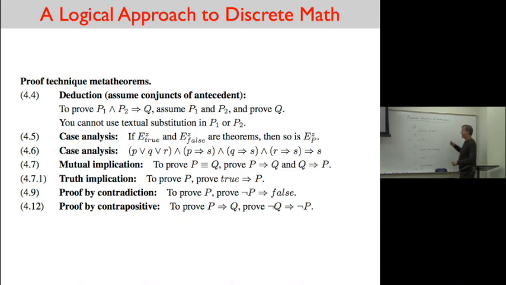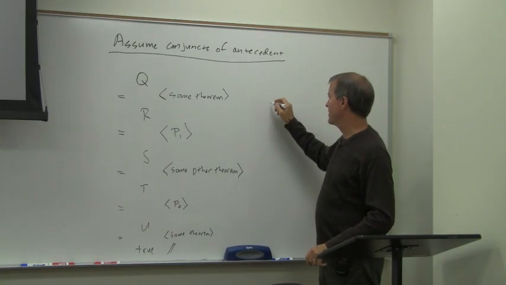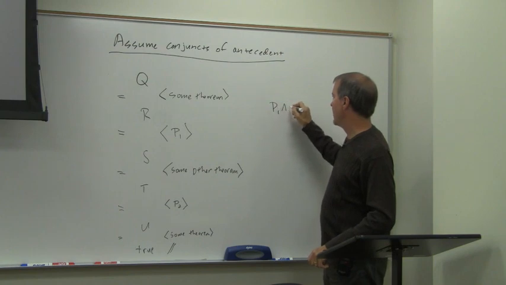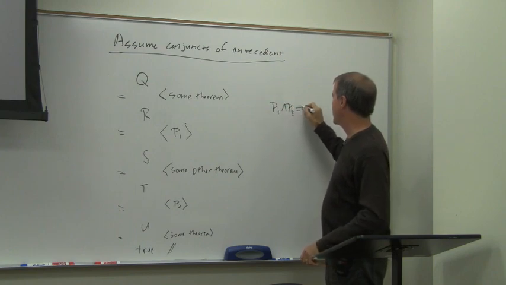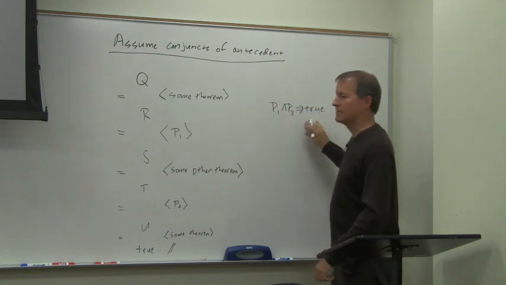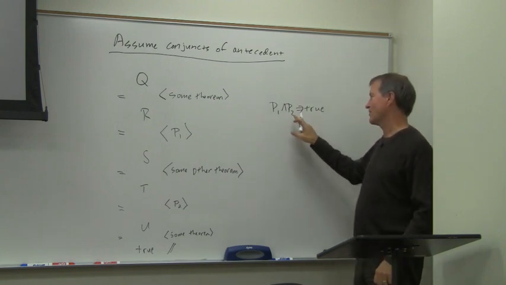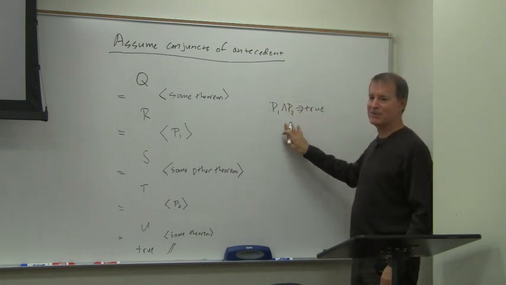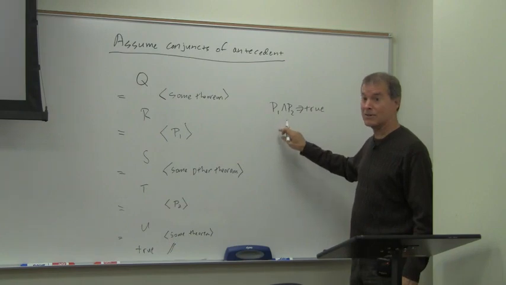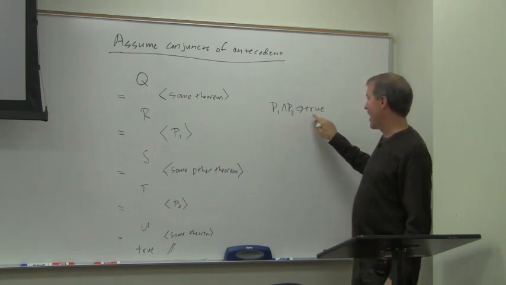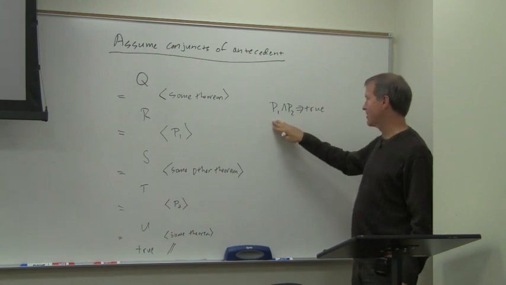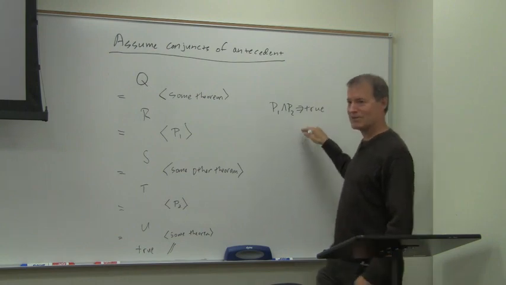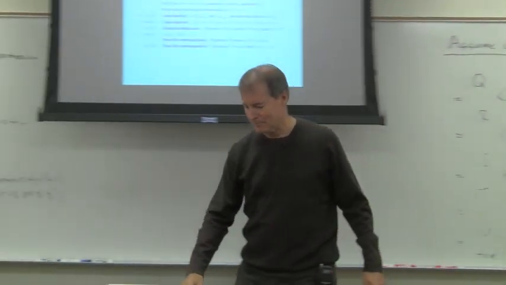Well, it would, but on the other hand, that would be kind of trivial because you would be proving P1 and P2 implies true, right? But we know this already, don't we? Isn't this something that we've done before? I'm saying that if Q was equivalent to true, we would be doing P1 and P2 implies true.